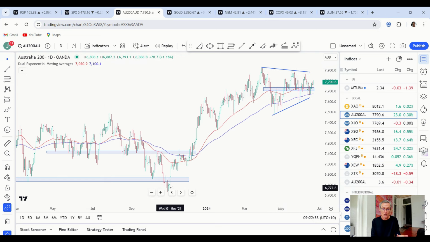From the October low we have a rising market, and we then have a consolidation. The consolidation is just part of what happens in a rising market. You get a market that runs and then it consolidates, and that's where I think we are now. So unless we get a break to the downside, I think the probability continues to favor the bullish case.